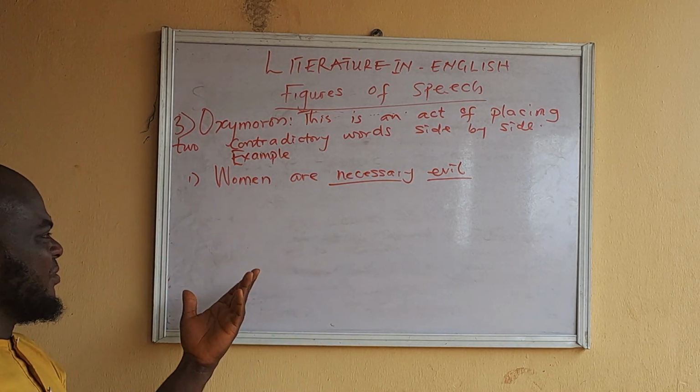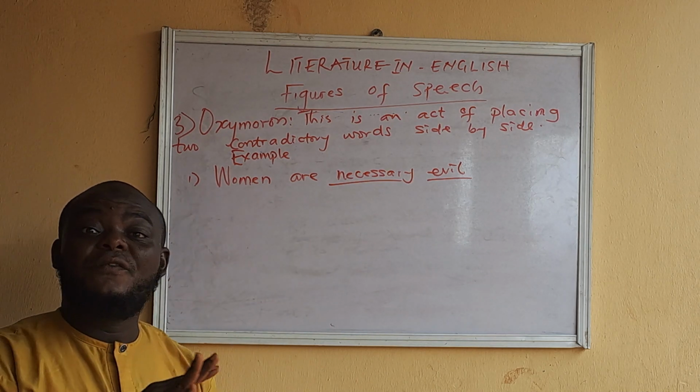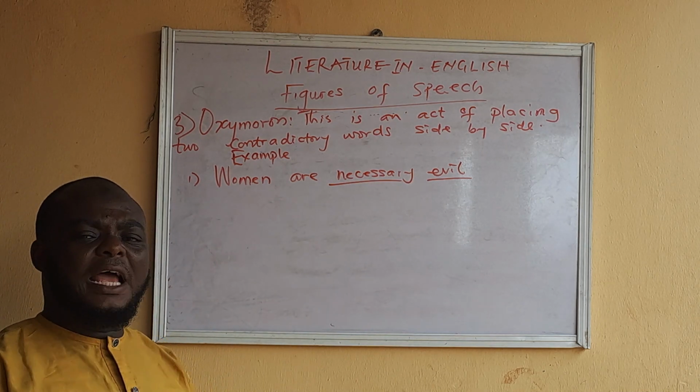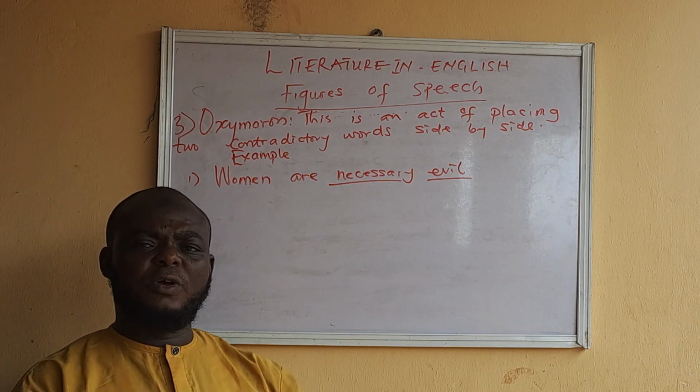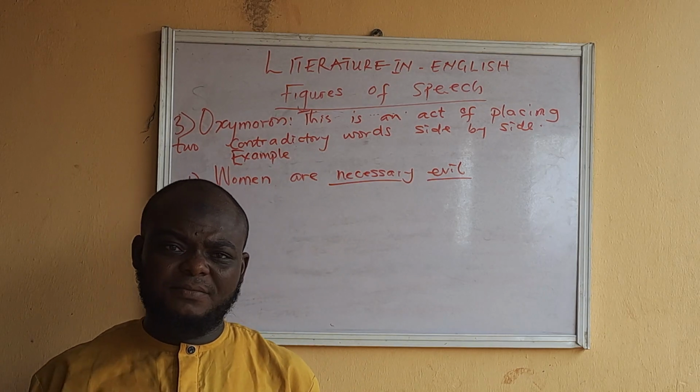The interpretation means women in our society are very important, and at the same time, maybe due to some behavior they used to exhibit, people might see them as evil, but we can't do without them.